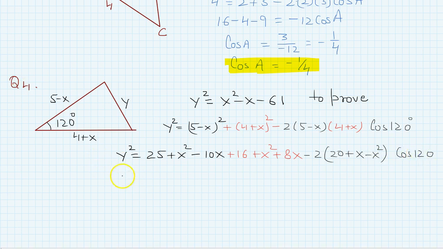So our y square is equal to 25 plus x square minus 10x plus 16 plus x square plus 8x minus.